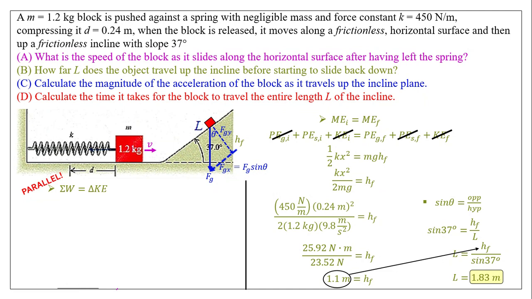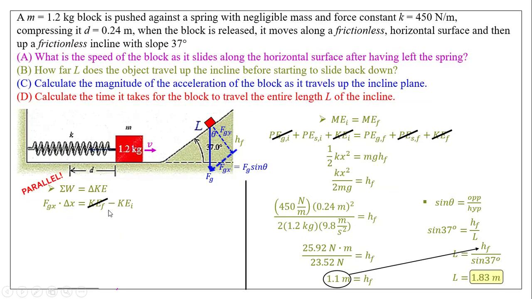So once again, you need F_gx, but F_gx points down slope while the box is going up slope. The only force component I need is F_gx, because F_gx parallels the surface of the ramp. The surface of the ramp here is called L, which is the same as delta x. So I'm going to break it up.